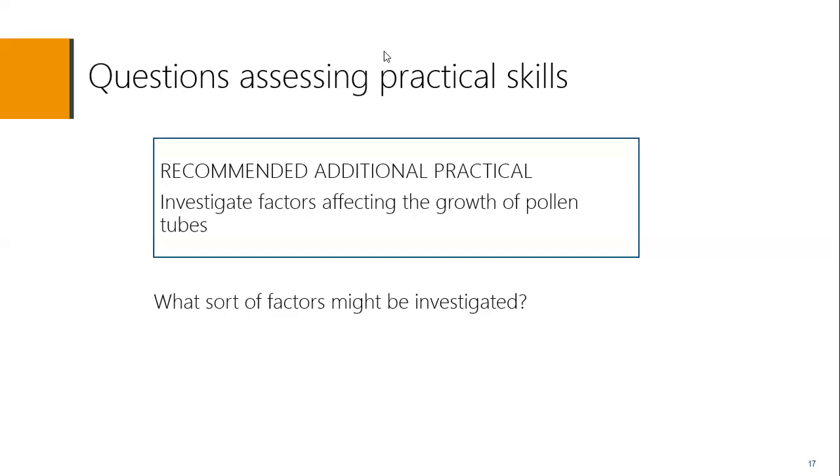The length of the pollen tube is what you will be measuring rather than investigating, probably. But effective temperature, humidity, glucose concentration. Lots of ideas of the sort of thing that you could investigate.